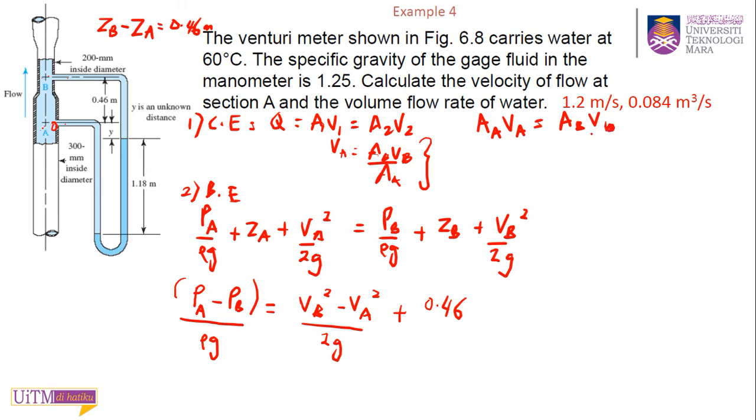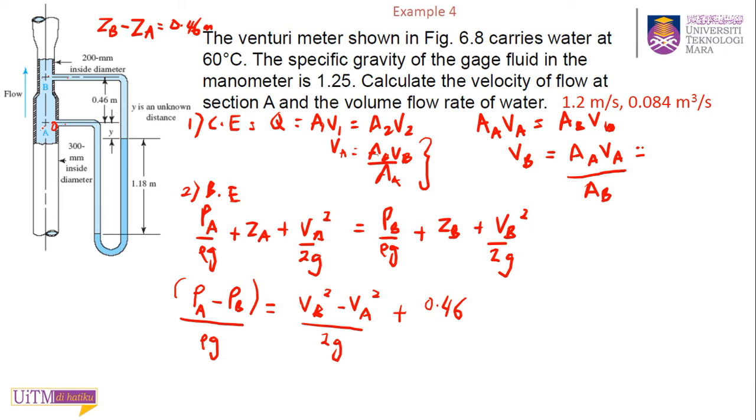So you want to find VB in terms of VA. Okay. So VB equals AA times VA over AB. And you have your AA, so this is pi times r squared, and you have your AB, pi times r squared, and VA we don't know yet. So you can change your VB in terms of VA.